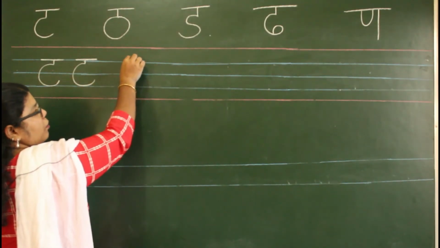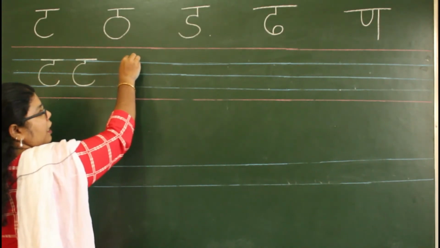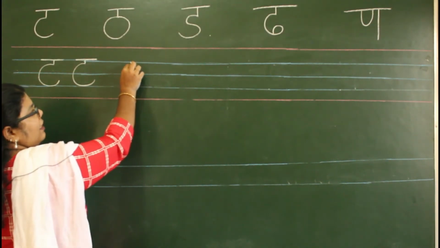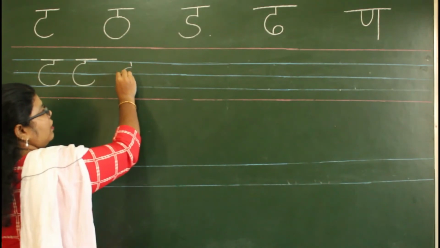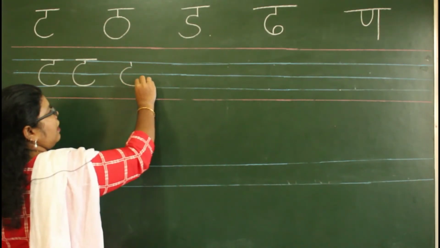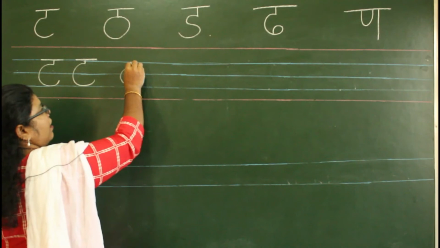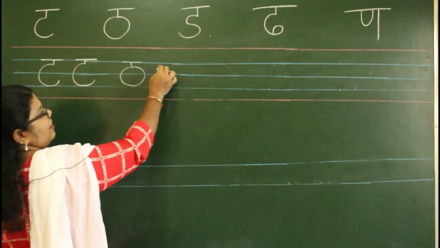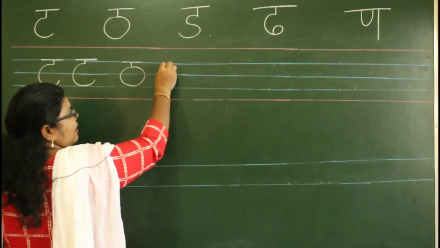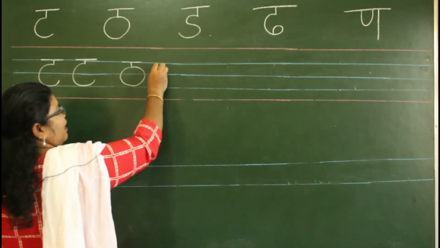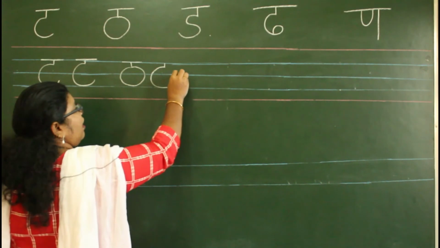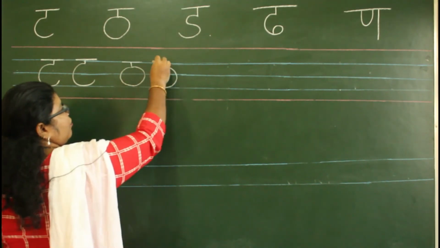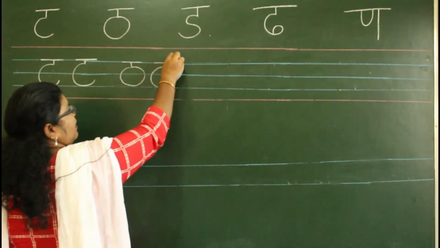Again from the second blue line, start from the second blue line, draw a small standing line and draw a circle like this. Okay, then on the top sleeping line. Standing line from the second blue line, and then a circle, and then on the top sleeping line.